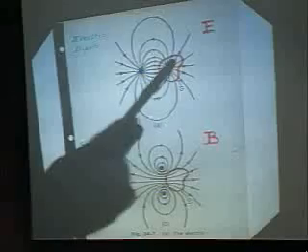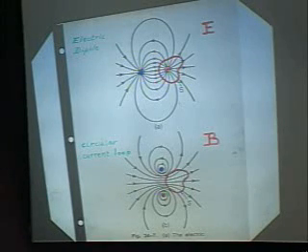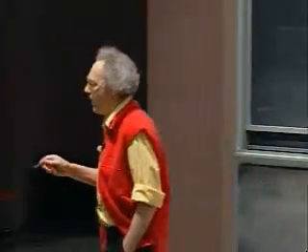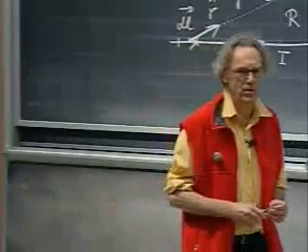Gauss' law tells me that the closed surface integral of the electric flux is the charge inside the box, divided by epsilon 0. And so if you have a closed surface here, it looks like a line, but I meant it to be a surface, then that closed surface integral of the electric flux is not 0, because there's a charge inside the box.